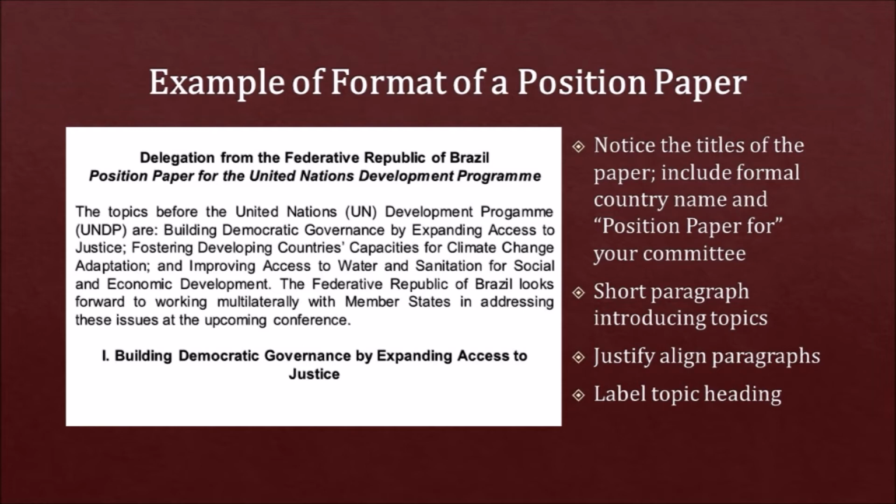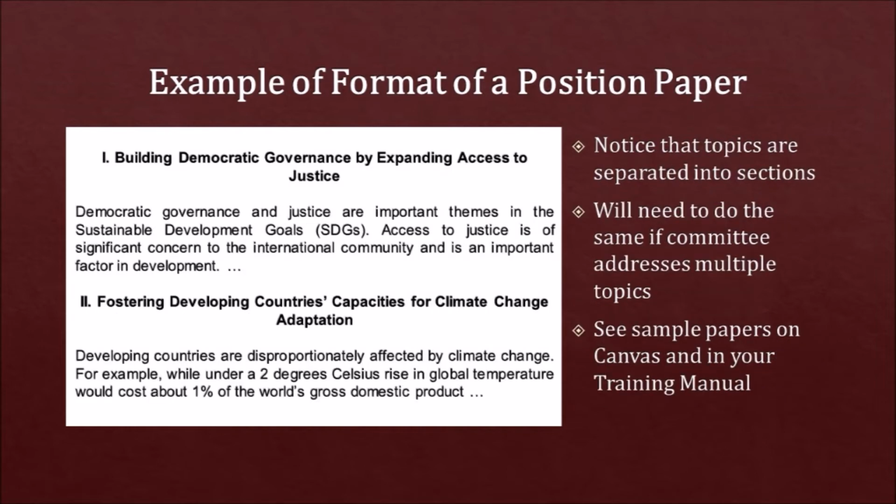The first paragraph after the title just introduces the topics of the committee. In this case, there are 3 topics that they'll be discussing. After that, you'll see that they begin the first topic, and it's clearly labeled. And notice that the text is justified align, so it has straight edges.